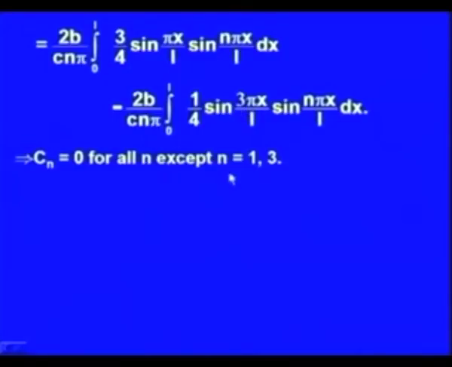So, if n is taking a value other than 1 or 3, then this integral will be 0, this integral will also be 0. So, C_n will be equal to 0, and therefore, C_n is 0 for all values of n except when n is taking values 1 or 3.